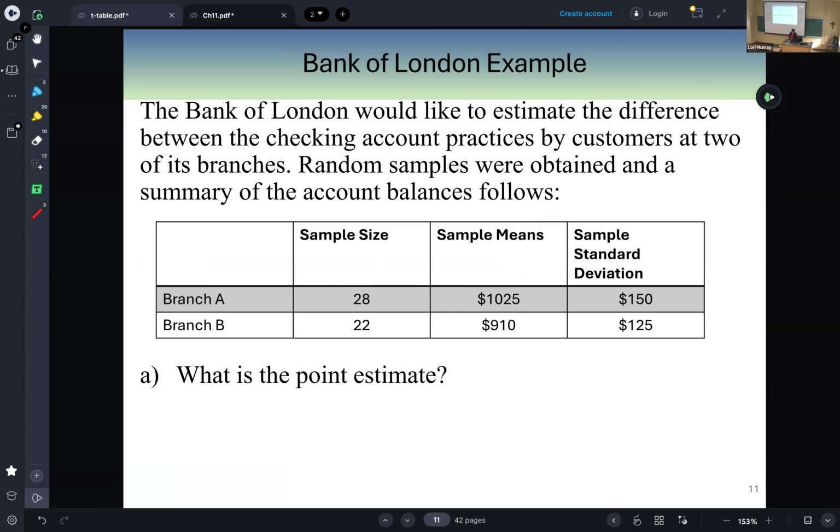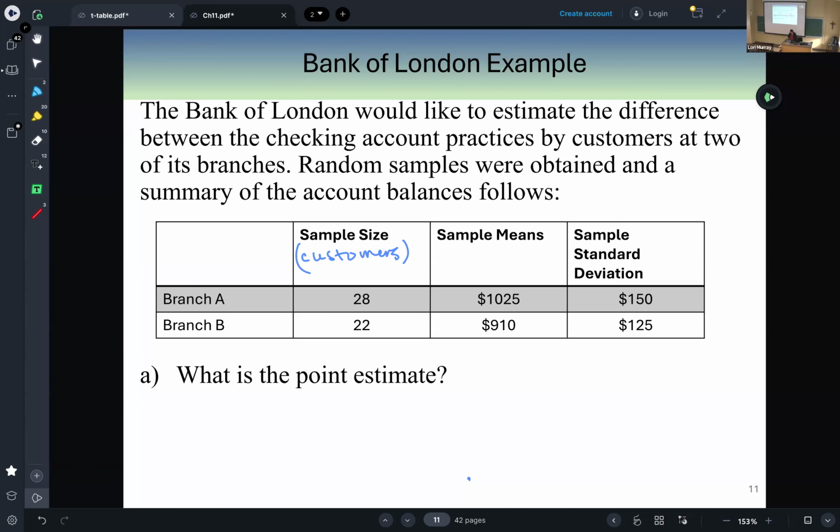They take a random sample at branch A, 28 customers, and 22 customers from branch B. Then we get the average from the 28, and you get $1,025. You get the average balances for the 22 customers at branch B, and you get $910.